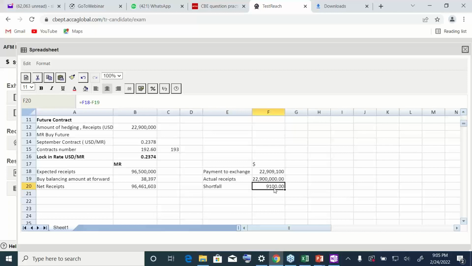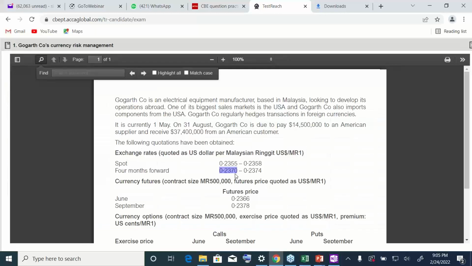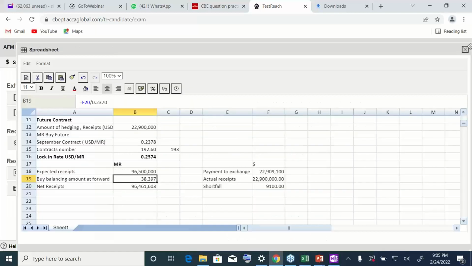So how you will cover that? You are going to buy this amount at the forward rate. Two forward rates are given. Which rate we will choose? We will choose the lower rate because it is a case of payment. Always divide with the lower rate. And the net amount is 96.46 million.